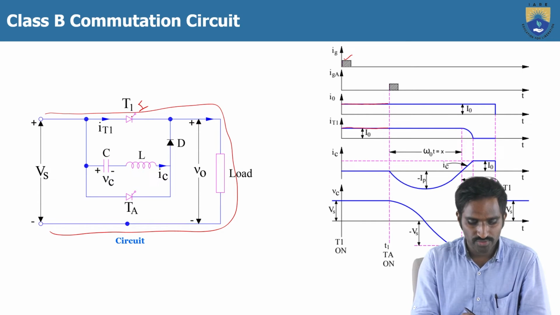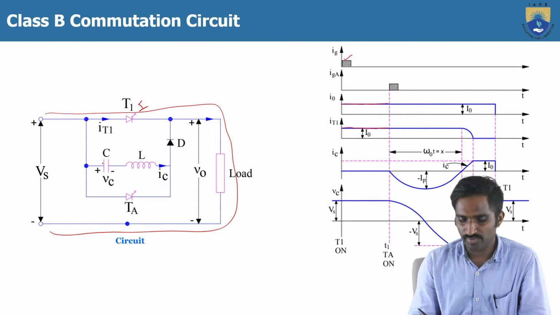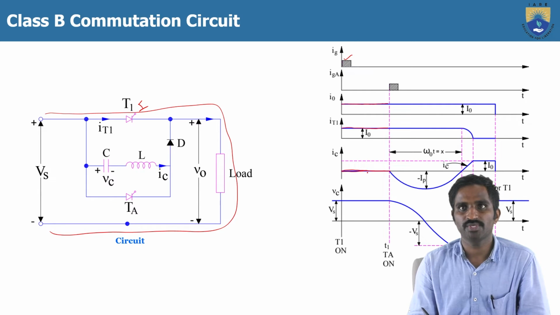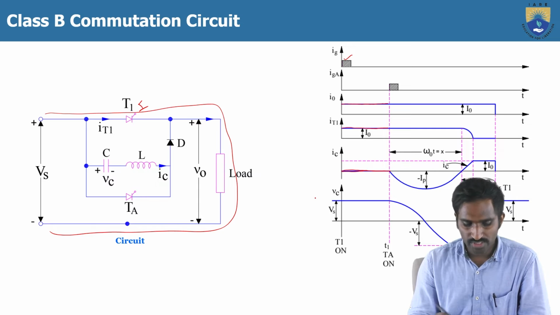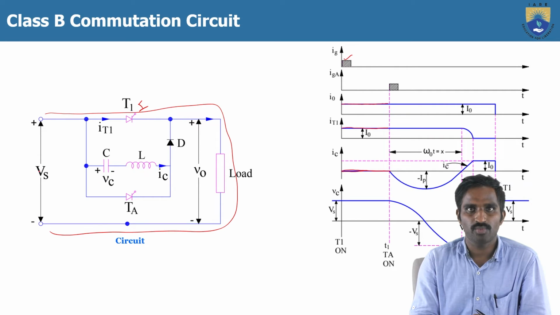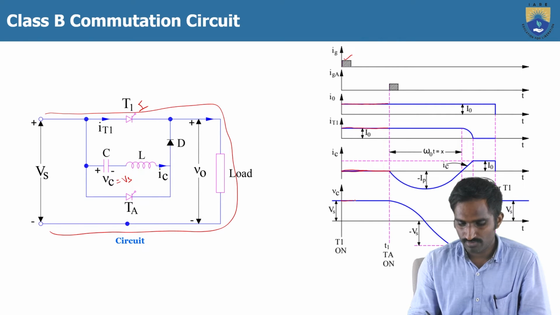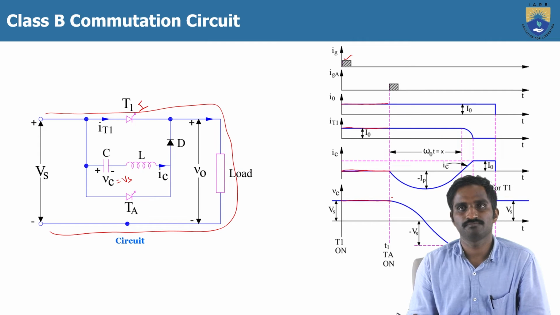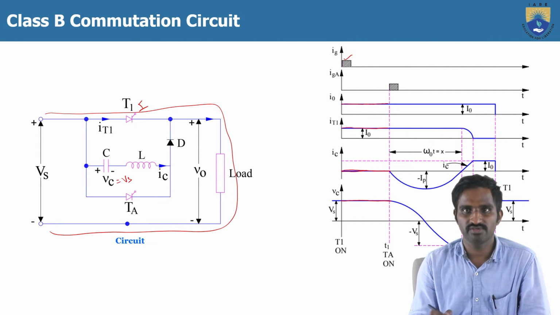But during this period there is no discharging path for the capacitor C, so the capacitor current is still 0. Because initially we considered the capacitor fully charged, whatever supply voltage we applied will appear across the capacitor, so VC is equal to Vs when the thyristor T1 is turned on.